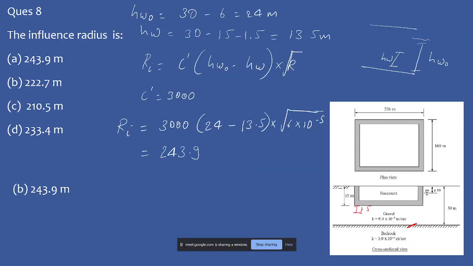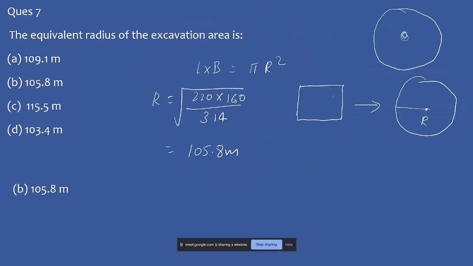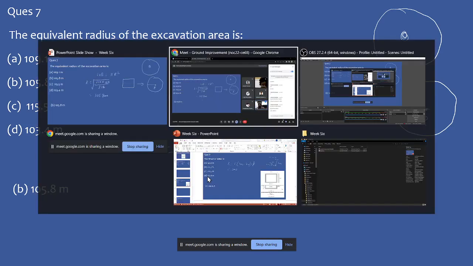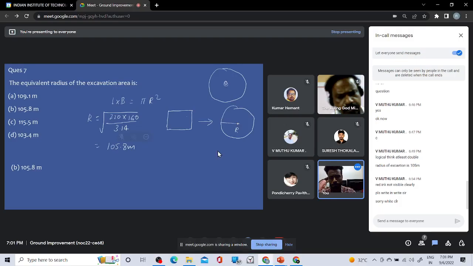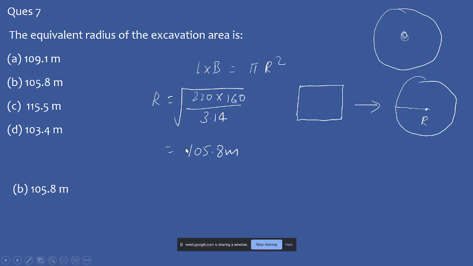and the R naught is the equivalent radius of the excavation area. So the equivalent radius of the excavation area is given as 105.88.